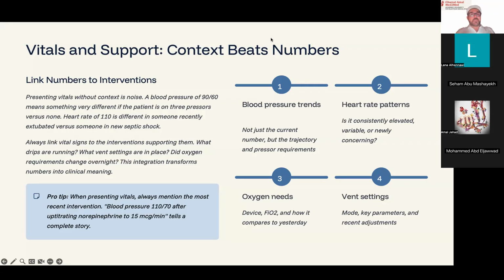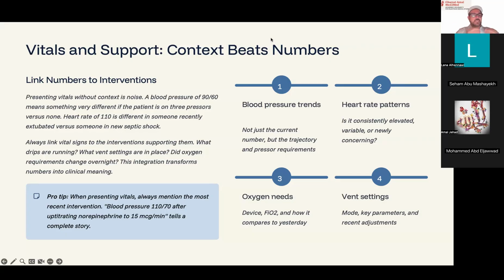So that potassium that we saw was diluted. So I need to repeat it, maybe take it from the other arm, and if it is normal, then that's a lab error. If it's not normal, then we are seeing something that I have to take action on.